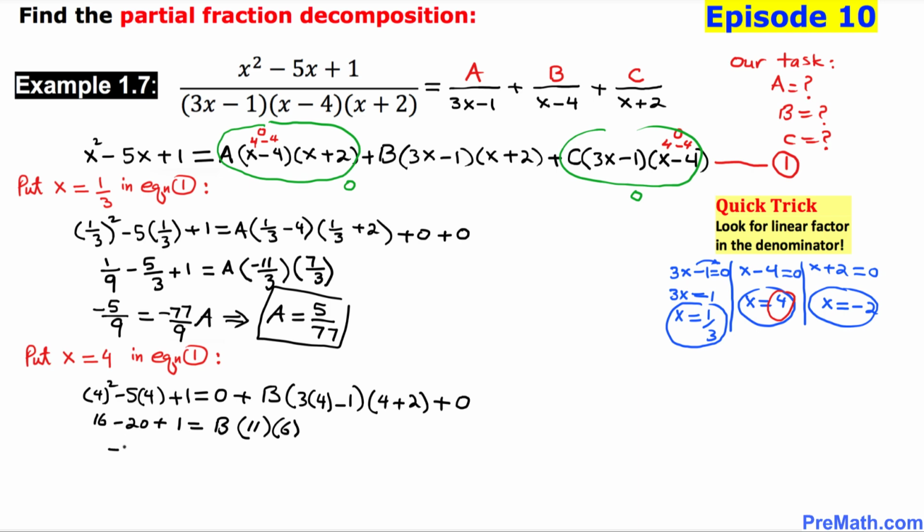That is going to give us negative 3 equals to 66b, and that means b is going to be negative 1 over 22, if we divide both sides by 66 and reduce it.